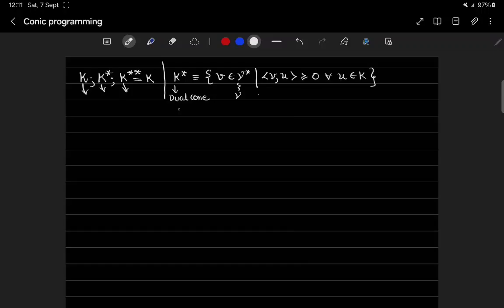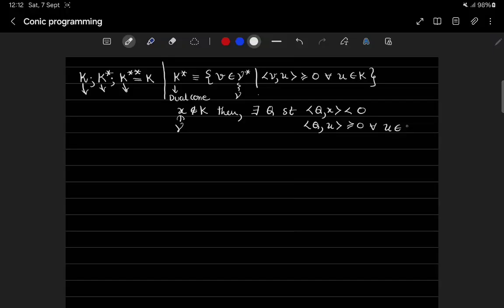So this is important. It is easy to see that suppose I have some x not belonging to K, but it belongs to the vector space V. Then there exists a hyperplane q such that the inner product of q and x is less than 0, but q with u is greater than or equal to 0 for all u belonging to K. So this is the definition of the separating hyperplane.